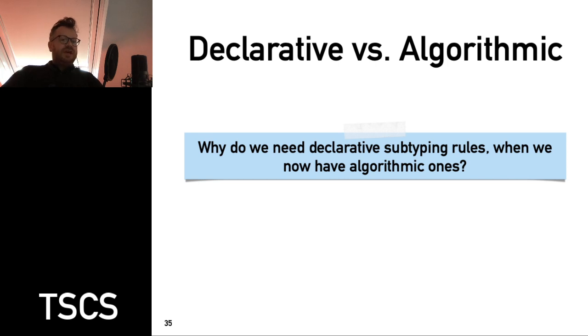Yeah, they should be the same, so they depend on each other, I would say. But if they are so dependent on each other, if one implies the other and so on, why do we need to keep around both?